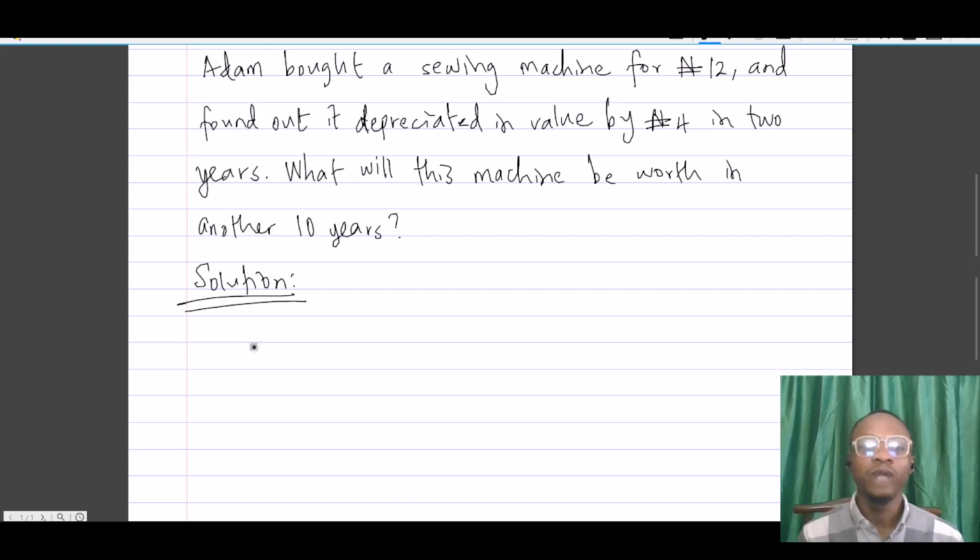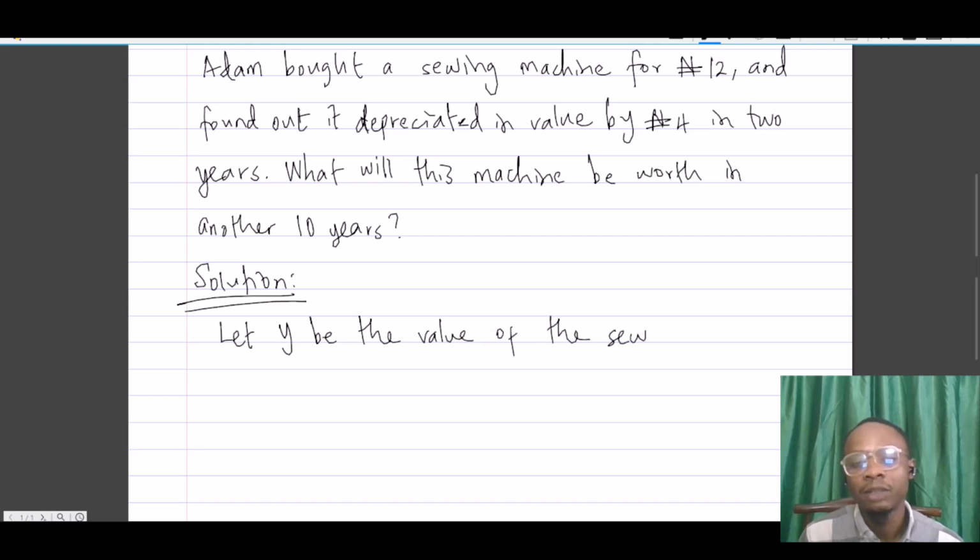So the variable we have to monitor is the value of this sewing machine. We can use some letter to represent that variable. We're already used to y and x. So let y be the value of the sewing machine.